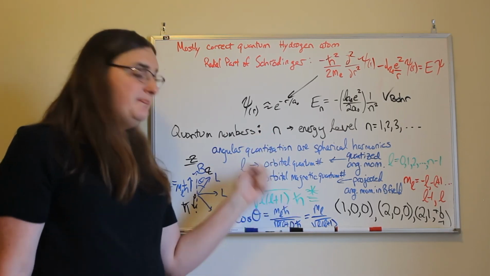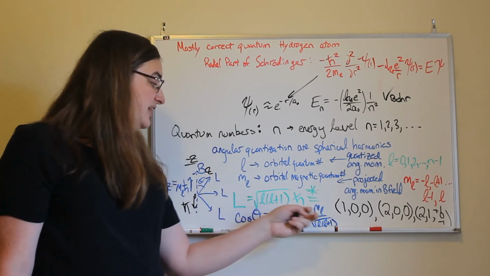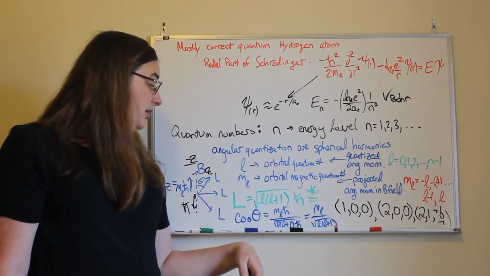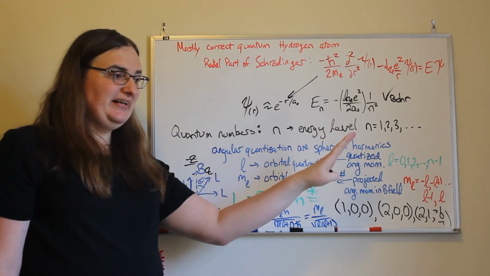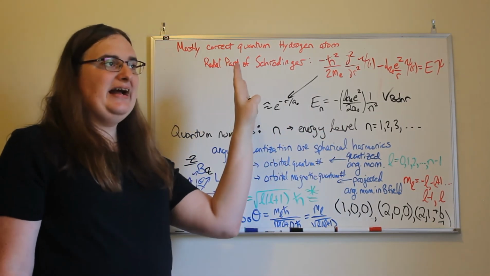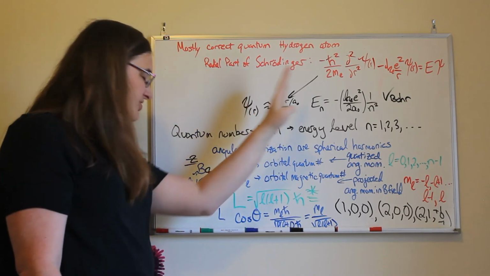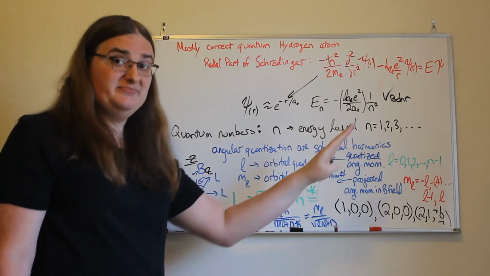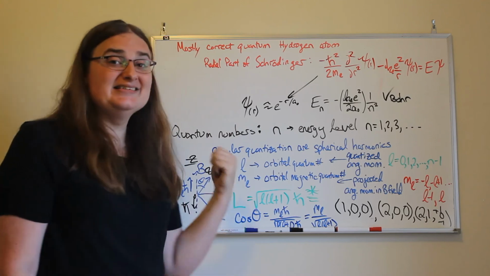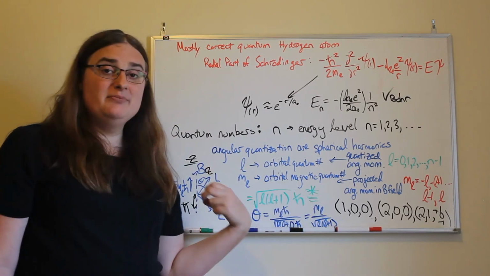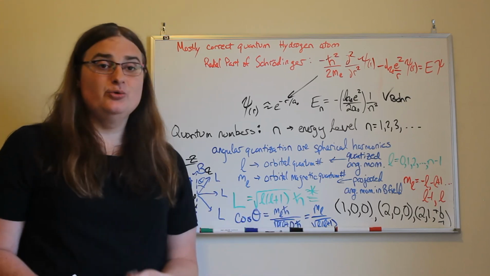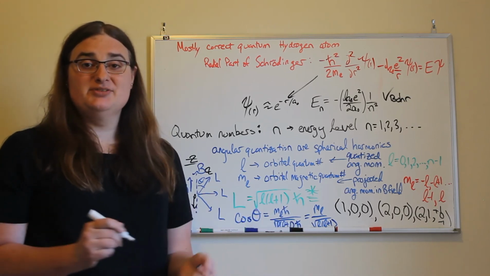So since they're both dependent on h bar, the cosine of the angle of the precession of the angular momentum axis compared to the axis of the magnetic field is our m quantum number divided by the square root of the quantity L times L plus 1.